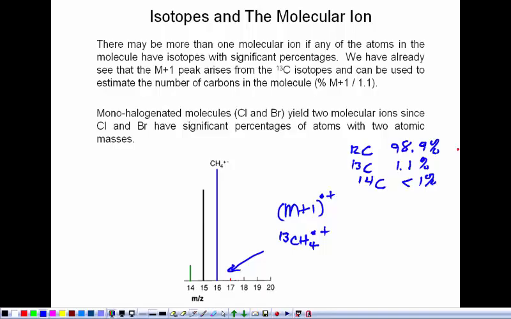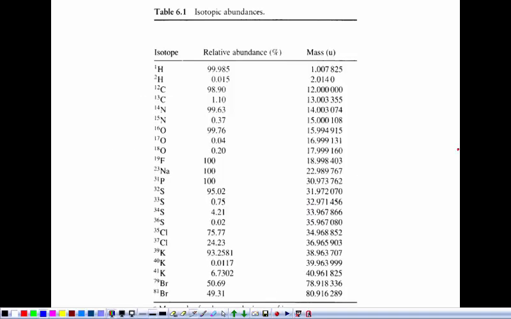Now the other thing that happens is that if you have a chlorine or a bromine, if you have a halogen in your molecule, it will stand out. Because if you look at the different isotope ratios, for chlorine, for instance, there's a chlorine 35 and a chlorine 37 that's 75 and 25% abundant. Bromine has a 50-50 or nearly 50-50, a 51-49 ratio.